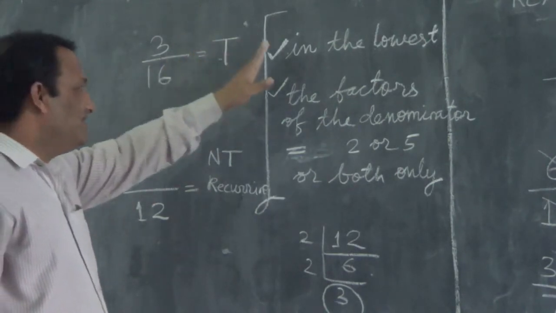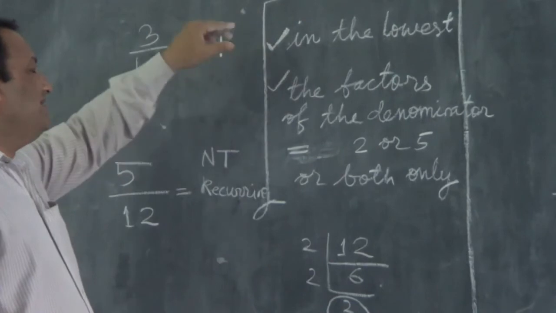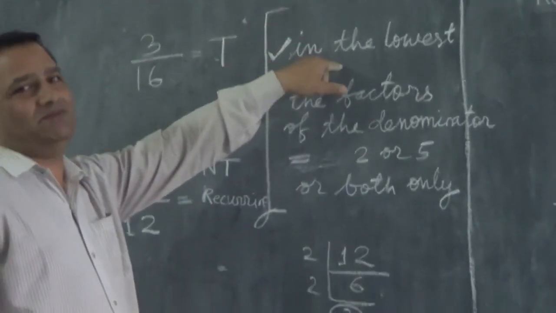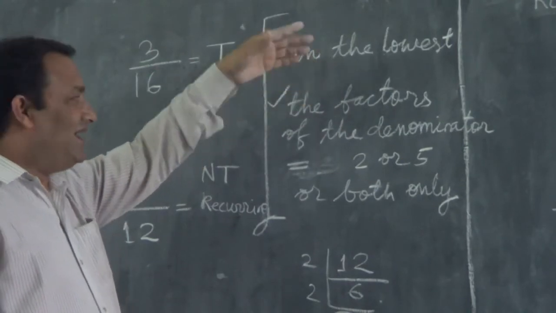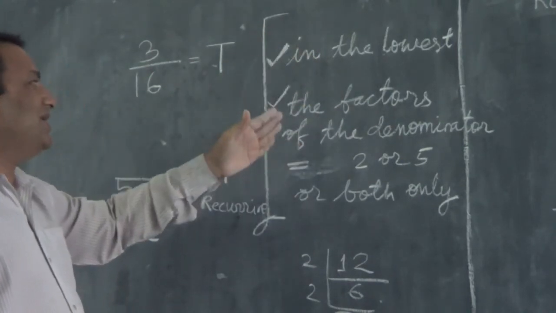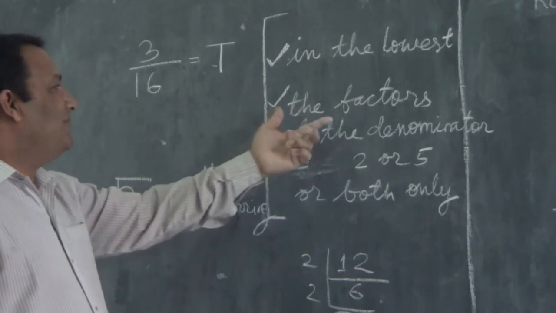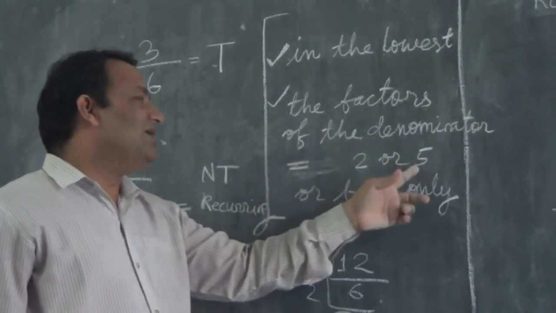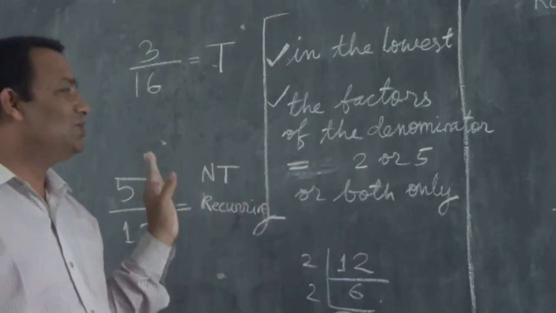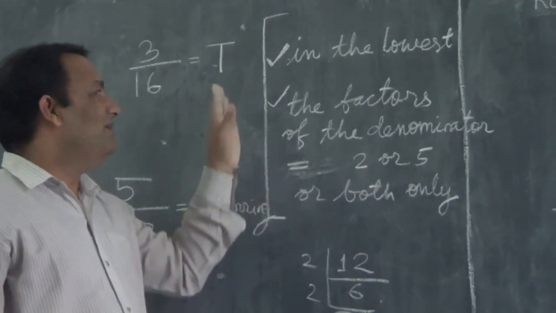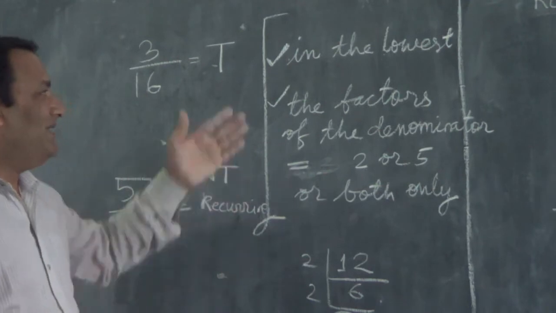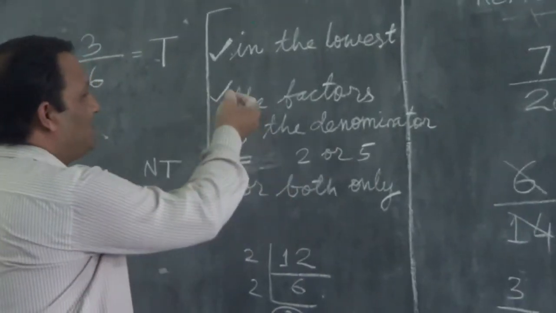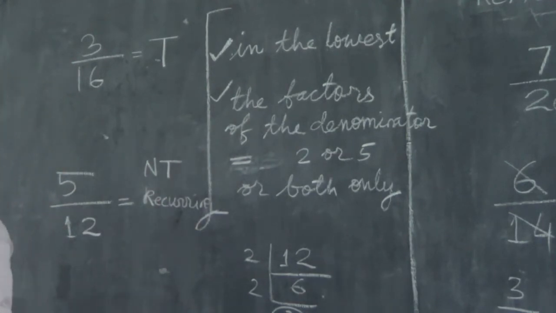First, if it is not in the lowest form, reduce it to the lowest term. After reducing it, you check whether the factors of the denominator are either 2 only, or 5 only, or both 2 and 5, then it will be terminating. If it is not, it will give us a recurring decimal.